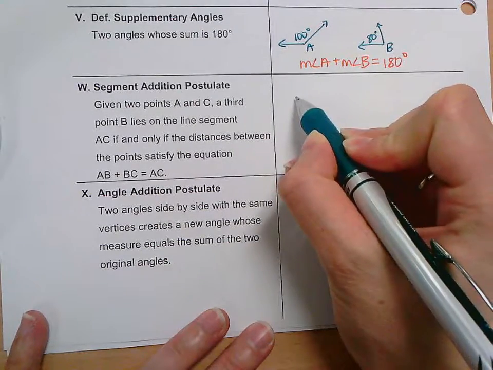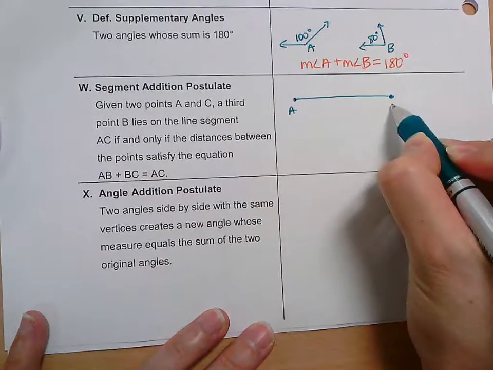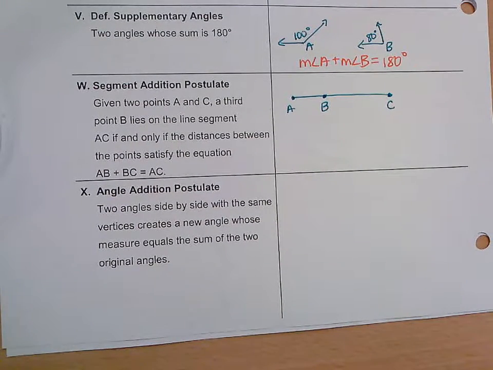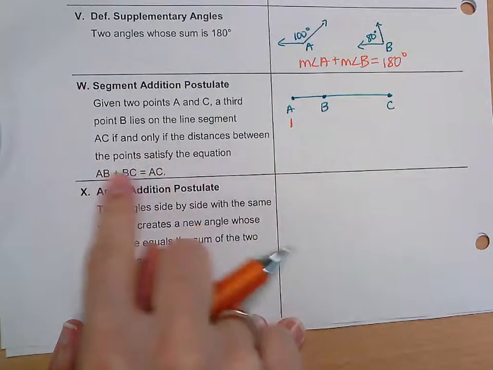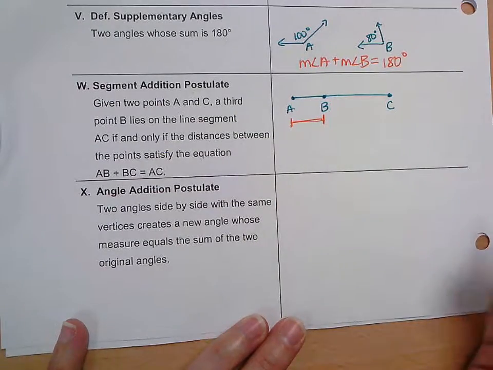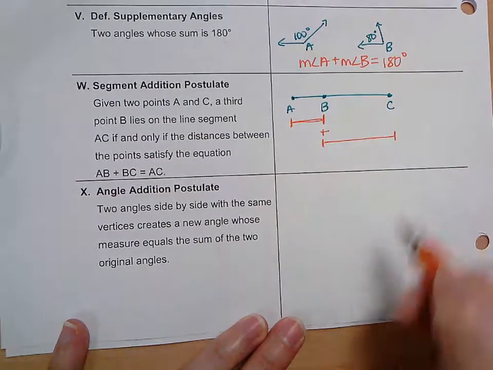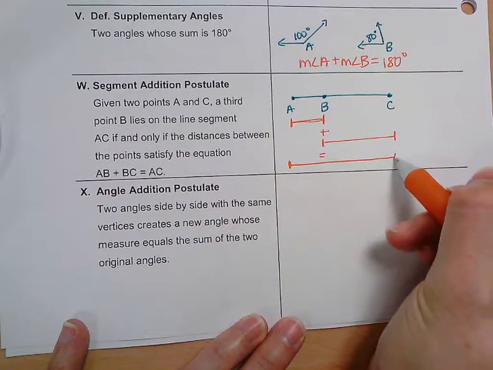So let's say I have this segment AC, with B somewhere in between A and C. Then I can say, and that's what this is saying here, the length of segment AB plus the length of segment BC should equal the length of the whole segment.